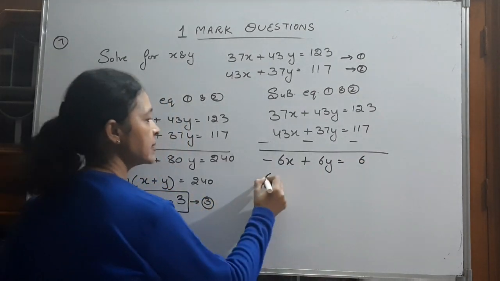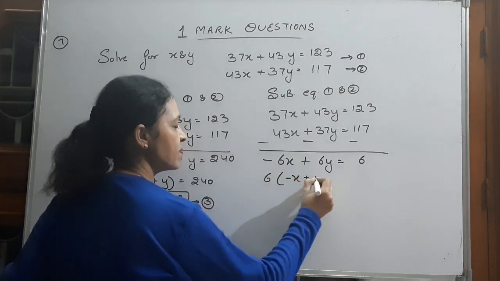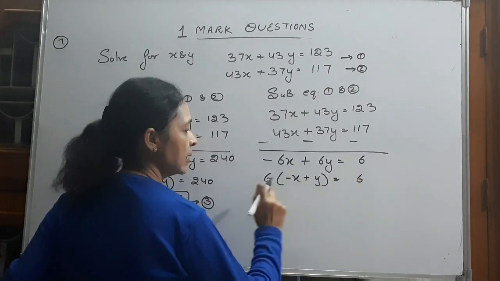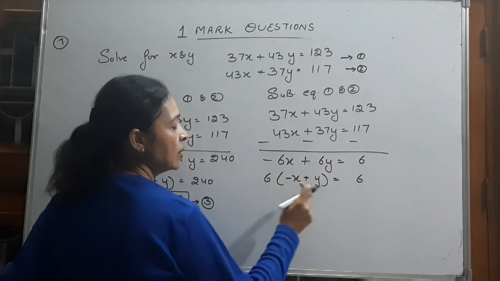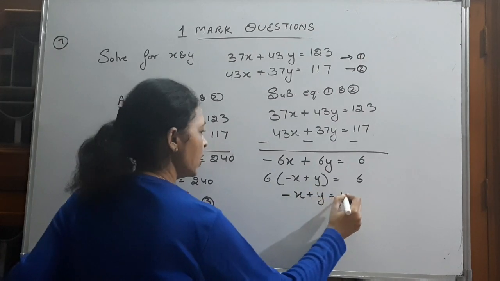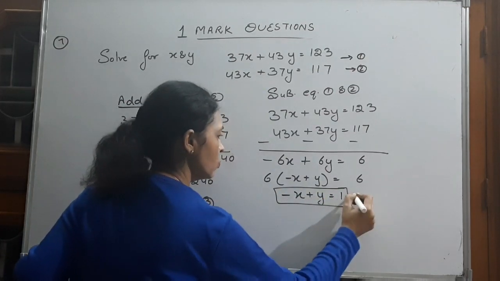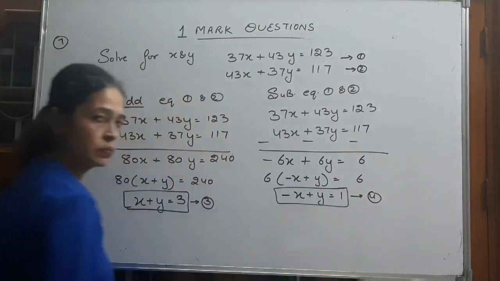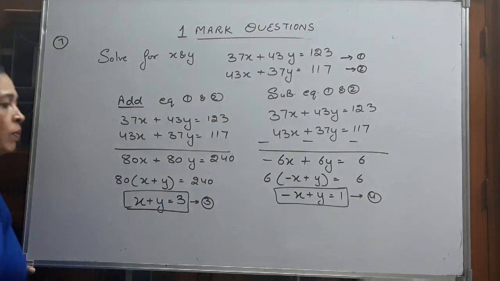What is common? 6 times minus x plus y equals 6. Taking 6 to the right hand side, minus x plus y equals 1. This is equation 4.